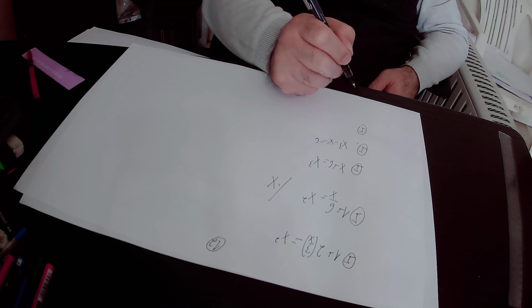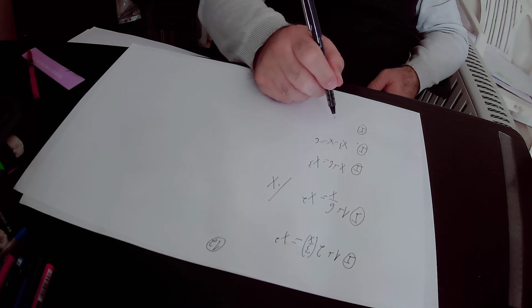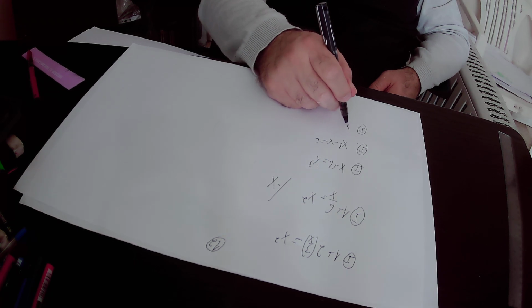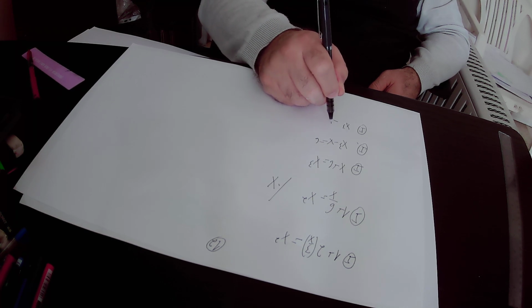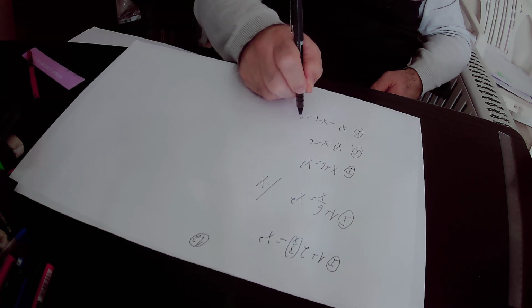Here we'll subtract 6 from equation number 1, and we'll get that x cubed minus x minus 6 equals 0.